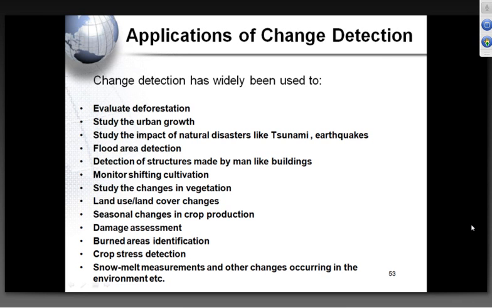So as you know, change detection becomes important as far as obtaining various attributes of information is concerned. So certainly it has applications.